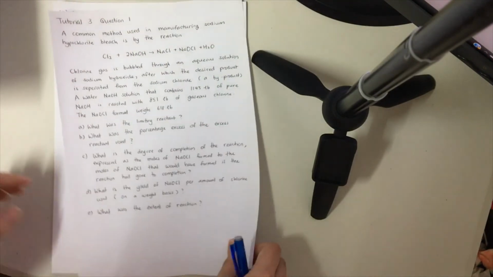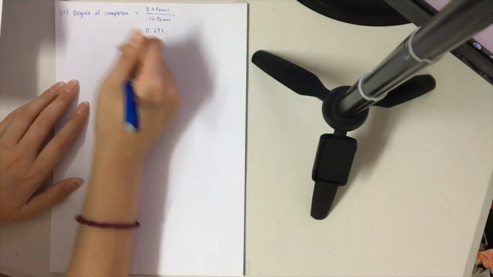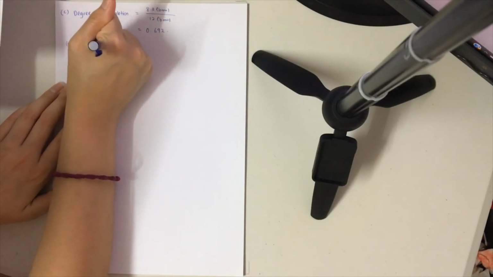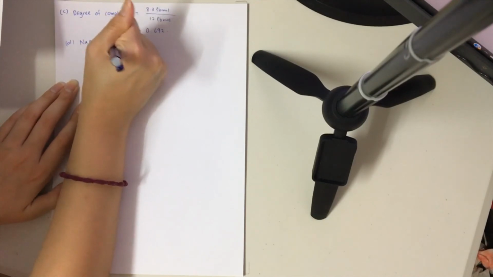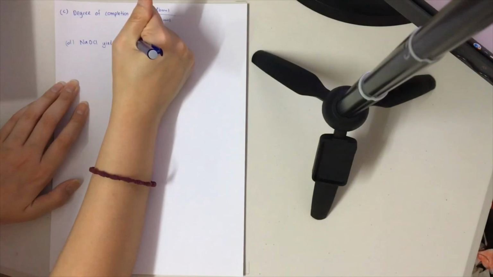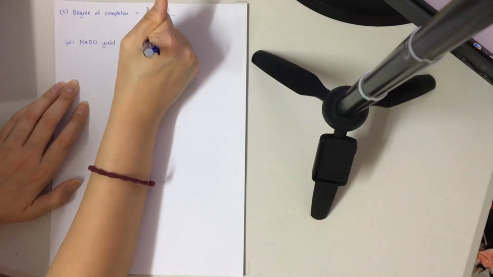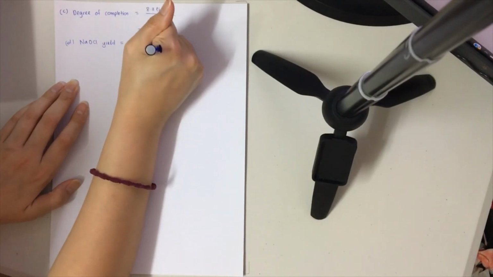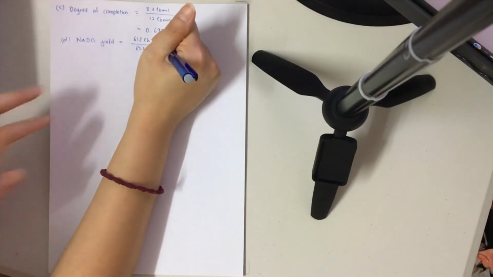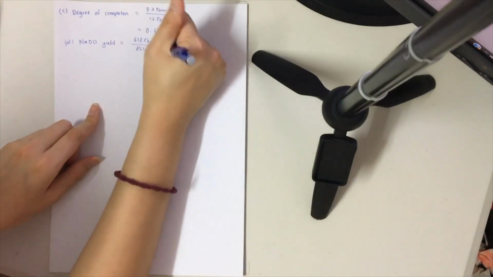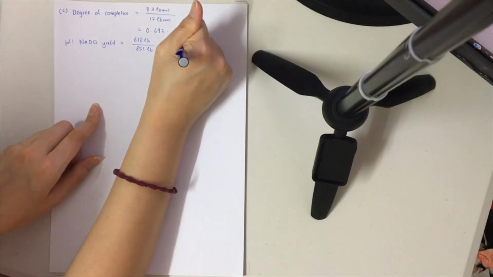So this is pretty straightforward. The NaOCl yield is equal to 618 pounds over 851 pounds, which gives you 0.726.